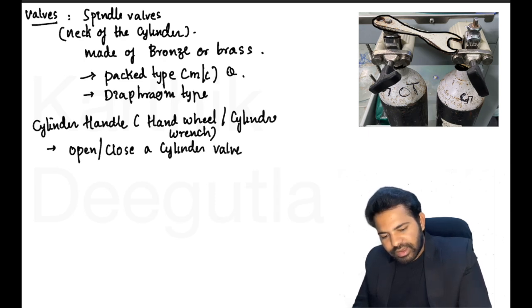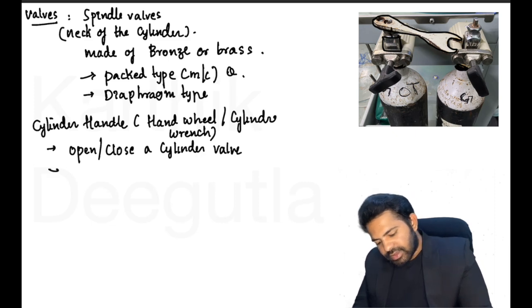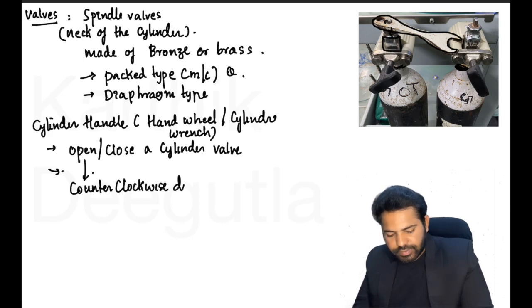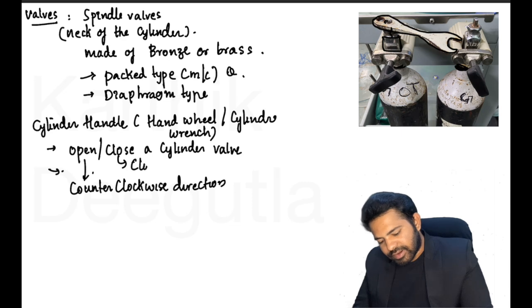Here you can see the valve is being opened using a wrench. So what is the direction of the wrench to open or close? This is important. If you want to open a cylinder, then counterclockwise rotation is required. And opposite, if you want to close the cylinder, then clockwise rotation is required.